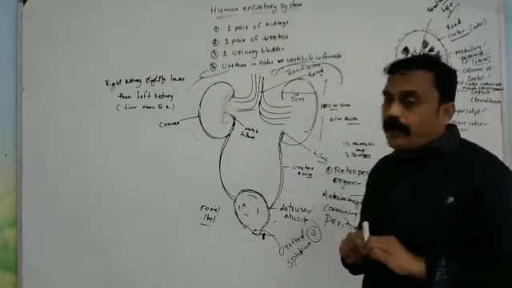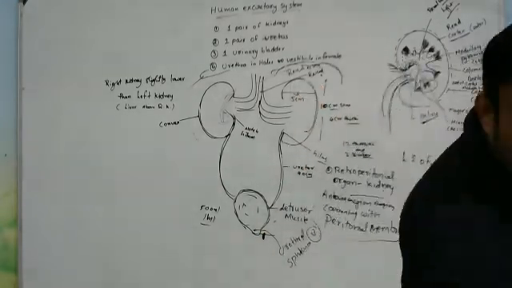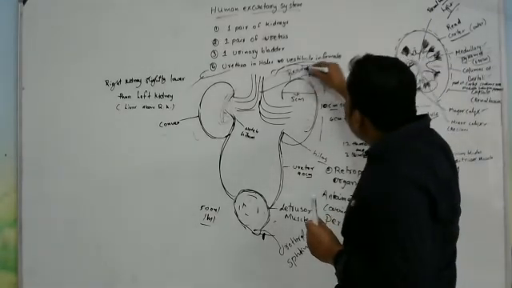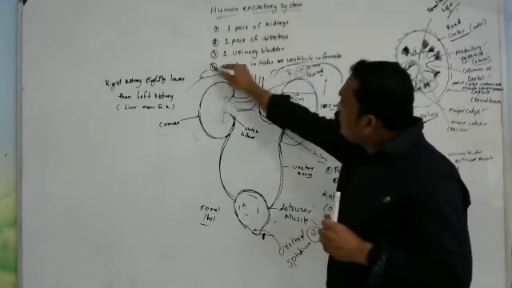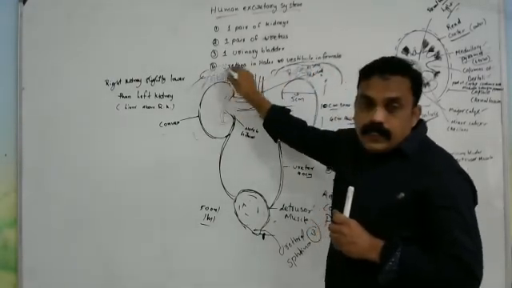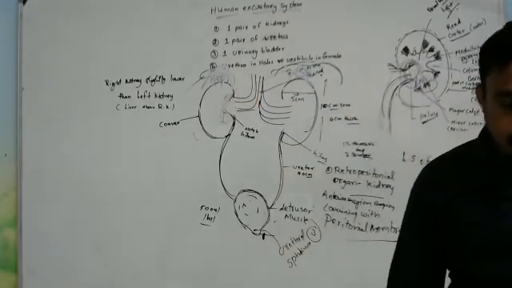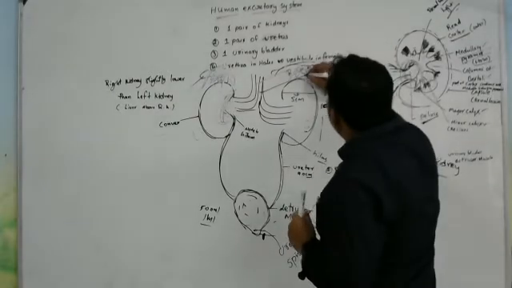One more point we have to discuss: above the kidneys, I will draw with another pen. Above the kidneys, glands are located. We know very well about that one. That gland is called the suprarenal gland.